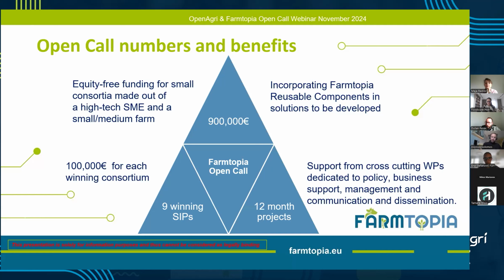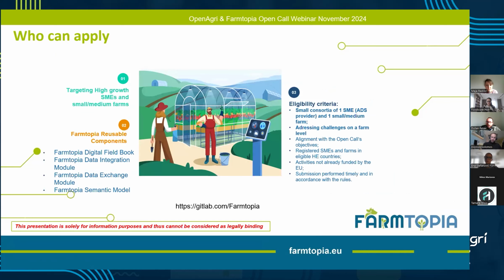We are also requiring that the potential applicants integrate at least one Farmtopia service or component in their solution in order to be eligible, in addition to monetary support. The winners will also be supported from our cross-cutting work packages dedicated to policies, business support, management, and of course communication and dissemination.